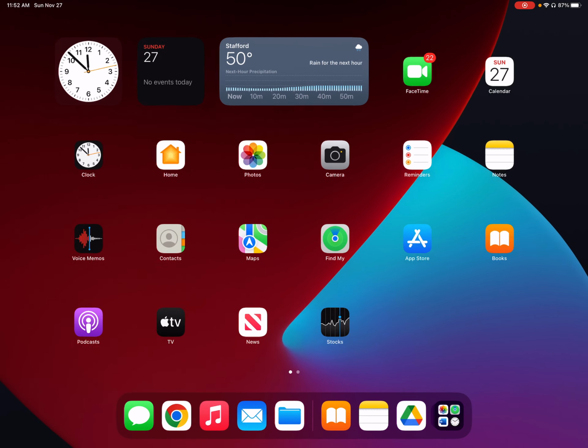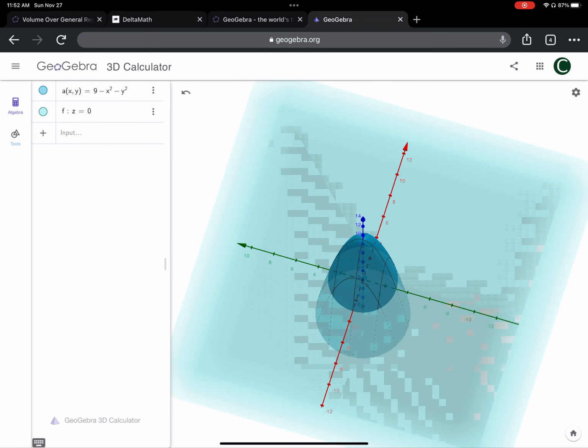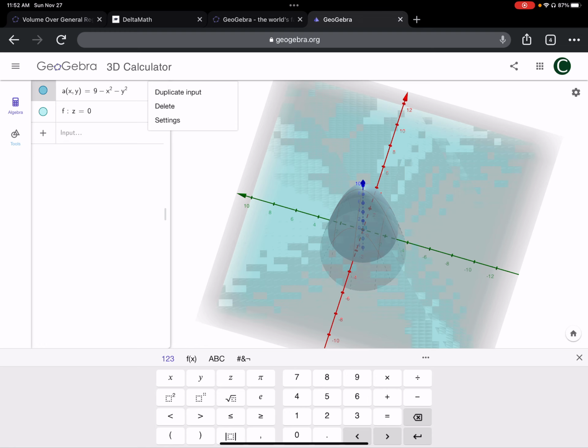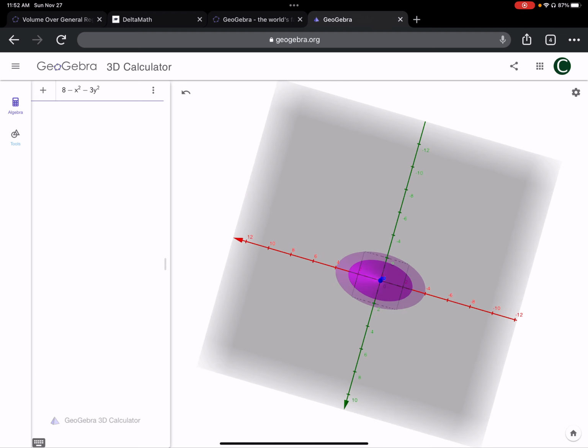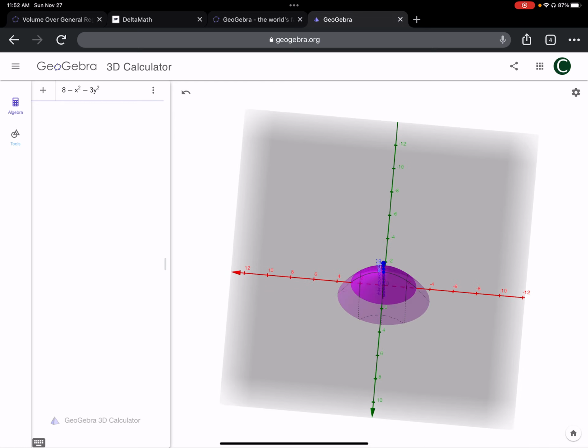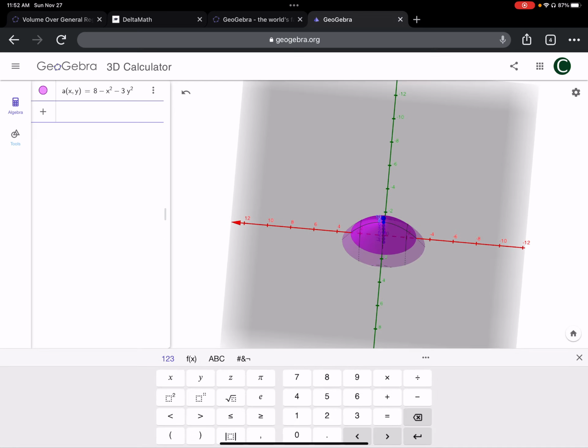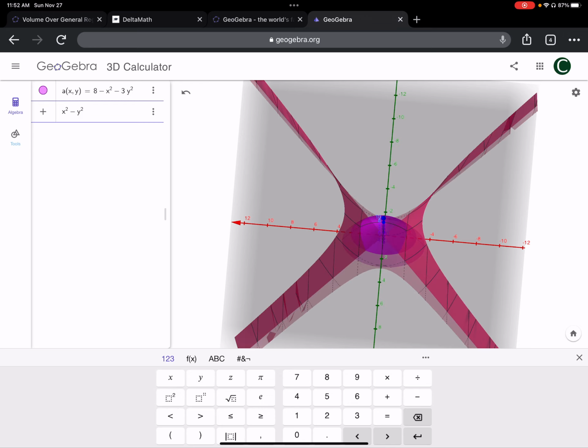So let's look at, if I remember this, 8 minus x squared minus 3y squared. All right, so we can see this is a nice elliptical region. And then we also have x squared minus y squared, so this is a hyperboloid.